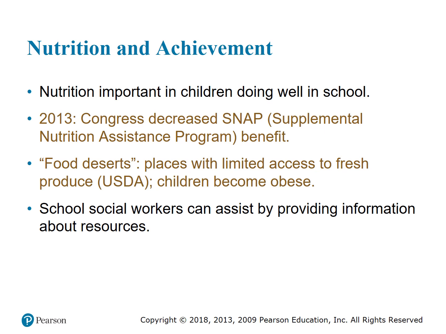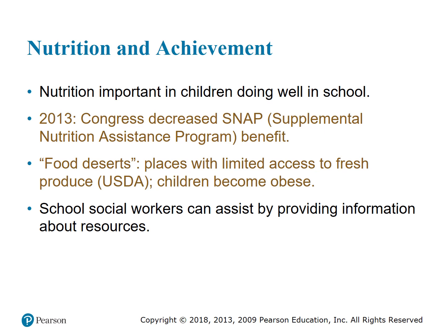So nutrition and achievement. So 2013, Congress decreased net benefits for people. So this is always an effect because we know that children and at-risk families utilize SNAP benefits. So food deserts, places with limited access to fresh produce, children become obese. We see this in the cities when we see stores on the corners who don't have actually nutritious food. They have high sodium food, high fat foods in the form of candy, chips, things like that.